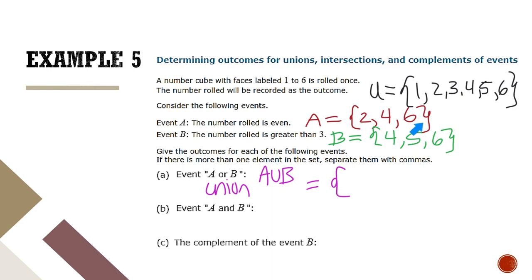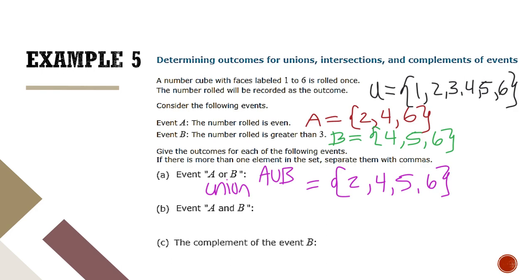So what are all of the numbers that we're using? They share a 4 and a 6, but they have this extra 5. So we just want to put all of the numbers down: 2, 4, 5, and 6. Now again, put it in order, least to greatest. That is important. That's how we usually always do it.